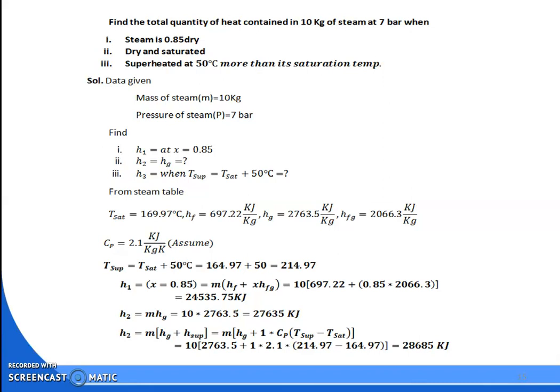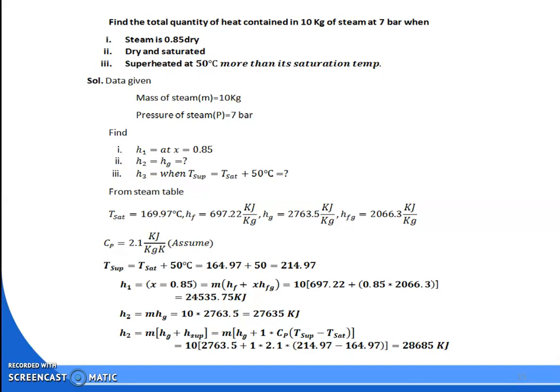So first of all, with the help of the steam table, let us find out the values of T saturation, hf, hfg and hg, that is the boiling point temperature or saturation temperature, the sensible heat hf, the latent heat of evaporation hfg, and the total enthalpy of dry and saturated steam hg, in kilojoule per kg.